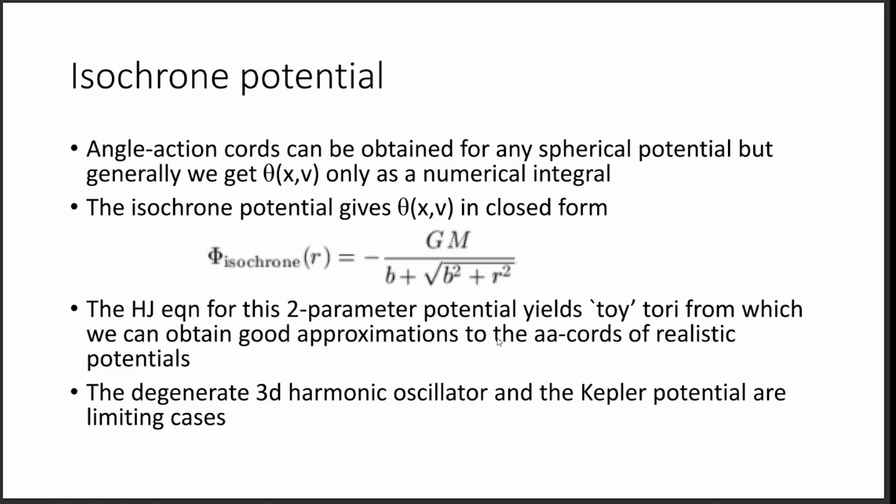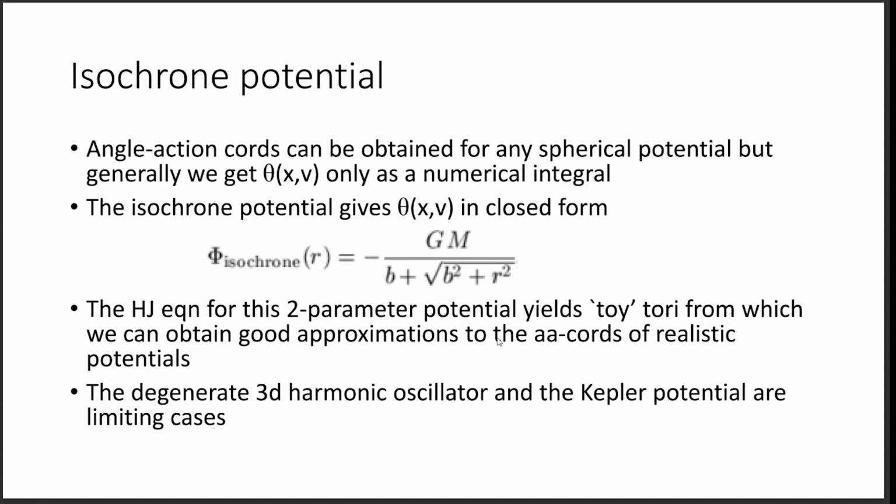So we're going to specialize on the isochrone potential. Here is the isochrone potential, which was dreamt up by Michel Hénon in the 1960s. He was attracted to this potential because it is the potential in which the frequency of radial oscillations depends only on the energy, not on the angular momentum of the orbit.